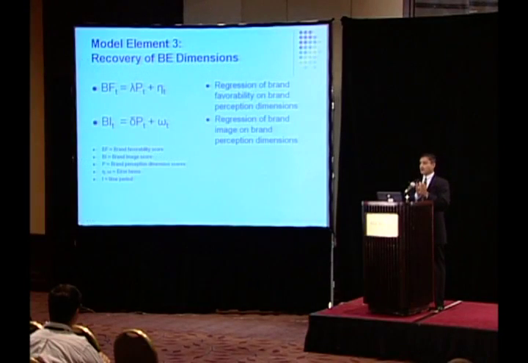Now, from modeling element 1 and 2, we move to 3, where we talk about having computed the relative brand importance, having computed the offering value, we can compute the brand equity at any point in time. But what is important to the company is also understanding of what are the specific dimensions of brand that affect this brand equity.